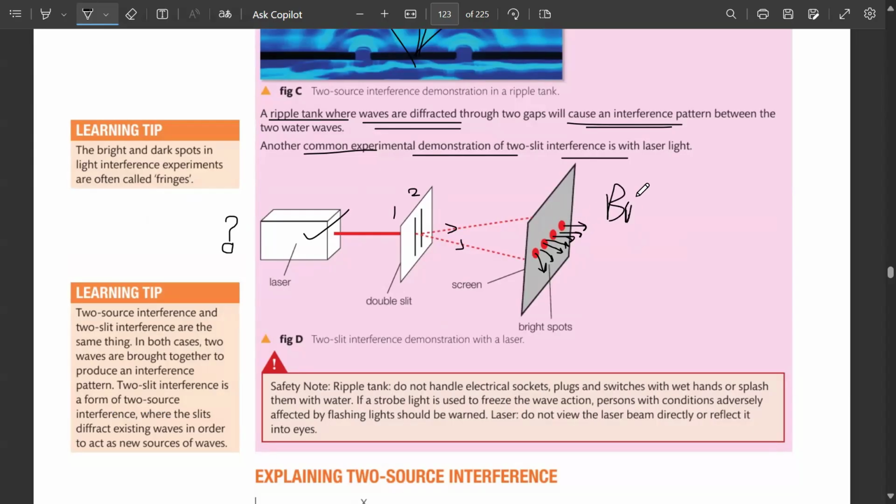Now all the points where there is a bright spot mean that over here the two waves constructively interfered. And all the places where you see no light, the gaps, are known as the dark regions. That means that the two waves did overlap, but they overlapped or interfered destructively.